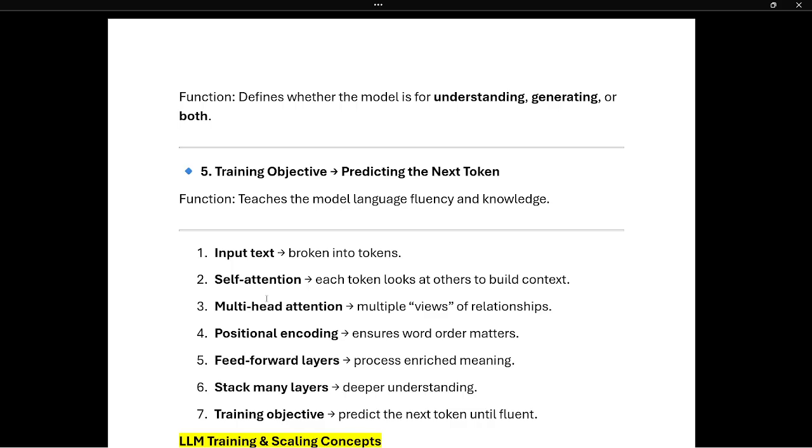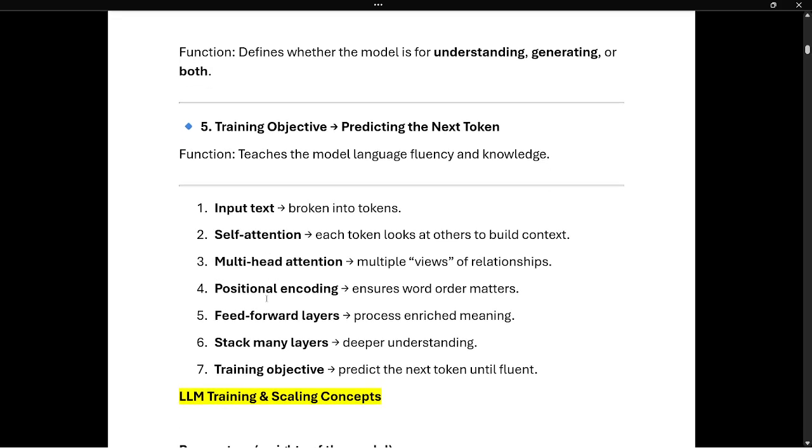Positional encoding ensures that word order matters, so the meaning differs if the order is changed. Then feed-forward layers process and enrich meaning, then many stacked layers give deeper understanding. The training objective is to predict the next token until it's fluent. That is the core concept of an LLM.